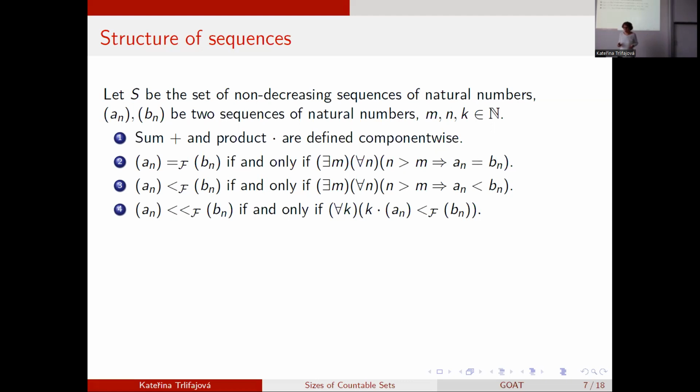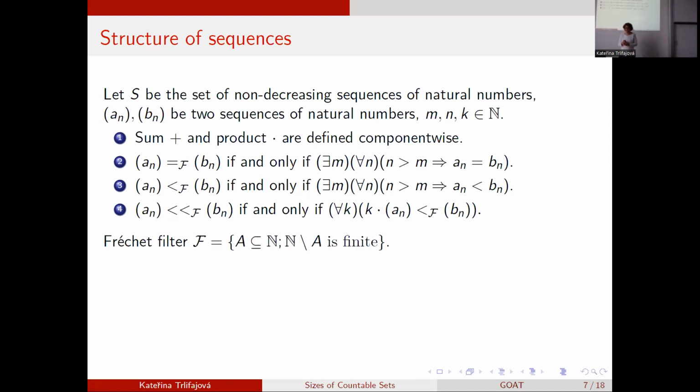And moreover, we can also define that one sequence is infinitely less than another one when, for every finite natural number k, k times this sequence is less in this comparison than the other sequence.